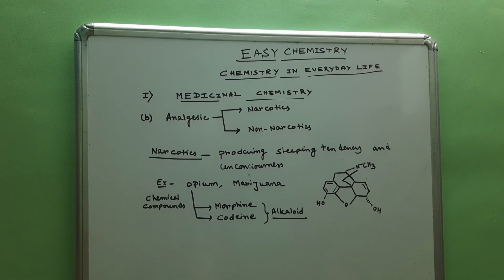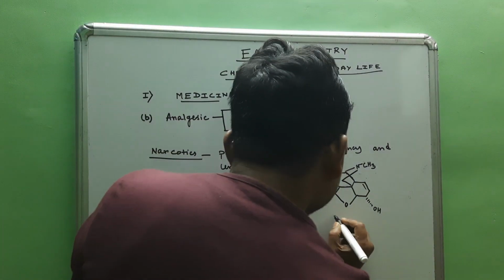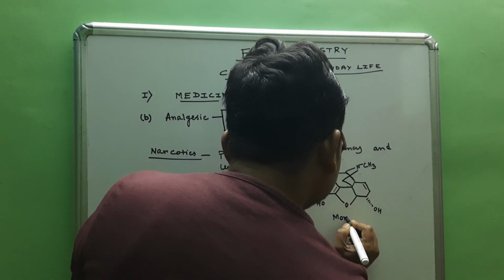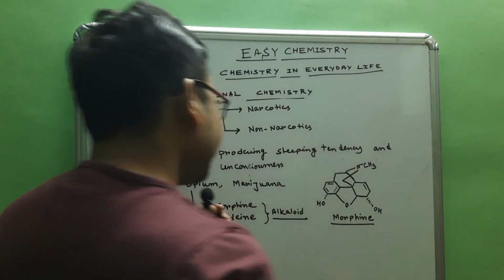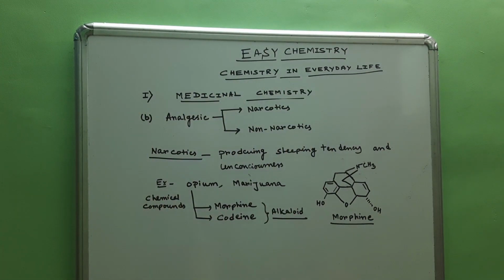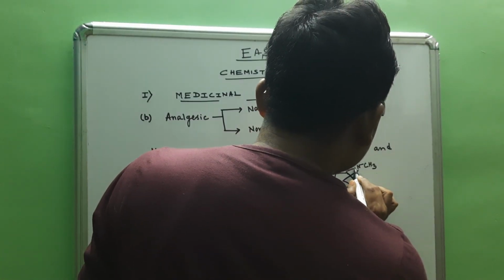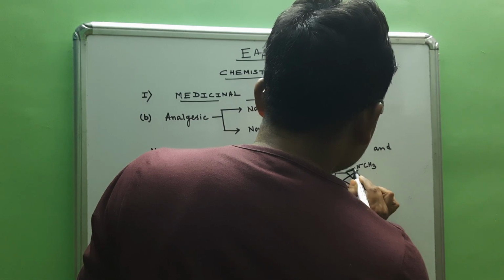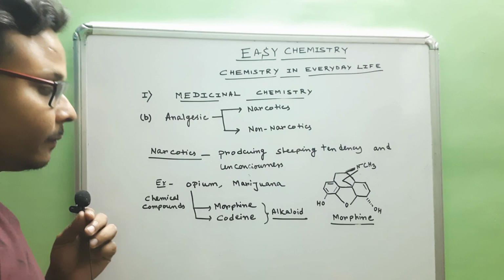So this is the structure of morphine, a very important structure. I am requesting my dear students to please write down the structure of morphine. Basically, this group is above the plane, so I am writing it bold, and the OH group is below the plane, so I am writing it in a dashed line.